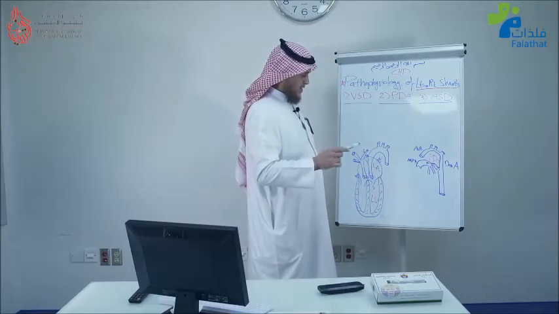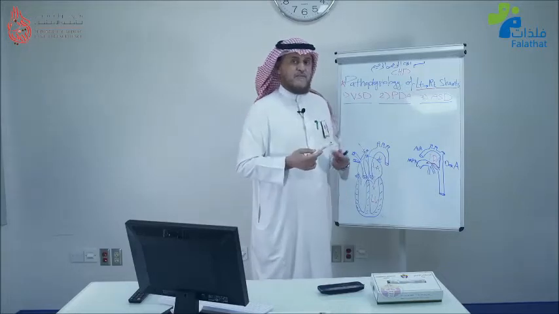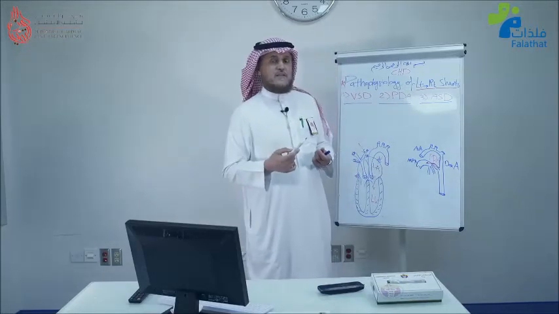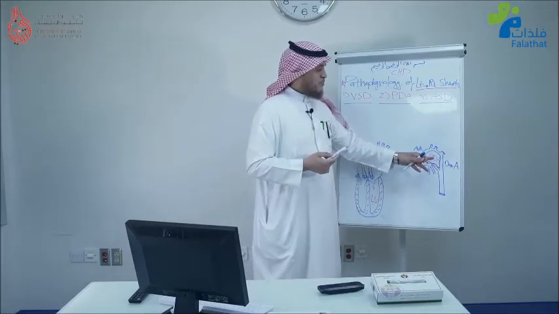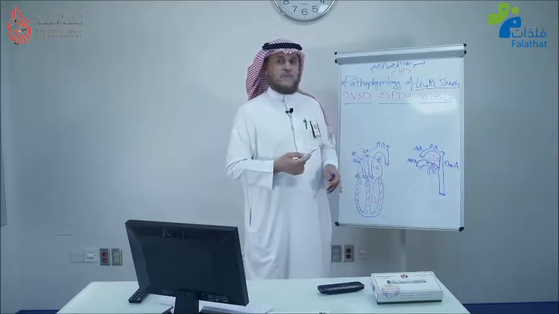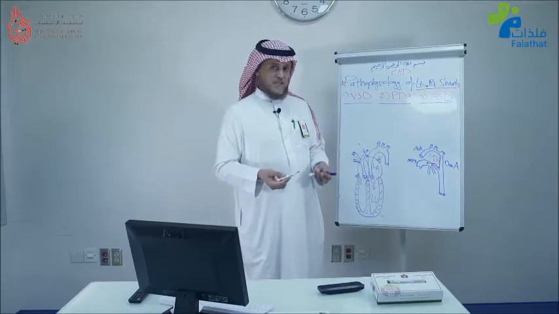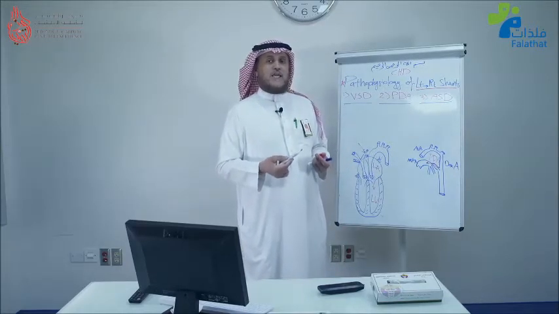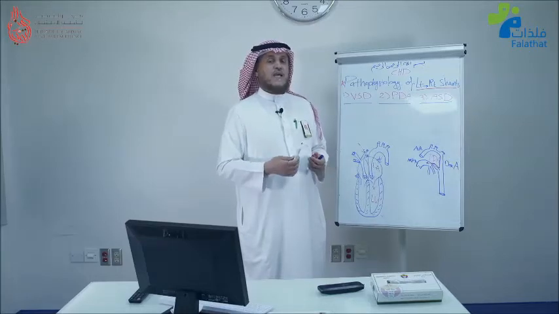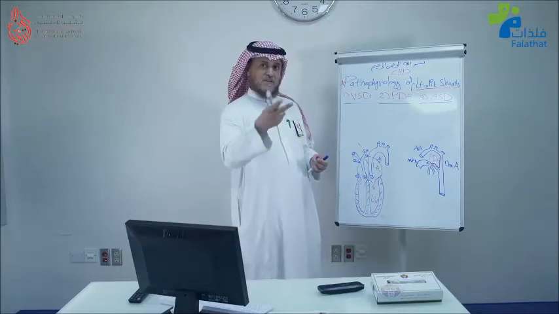And do you know why that is so? Why is the PDA different? I said that at the start, because the PDA shunts both in systole and diastole. That's why a 4 millimeter PDA, which we call large, might equal a large VSD, which is an 8 millimeter VSD, double the size.